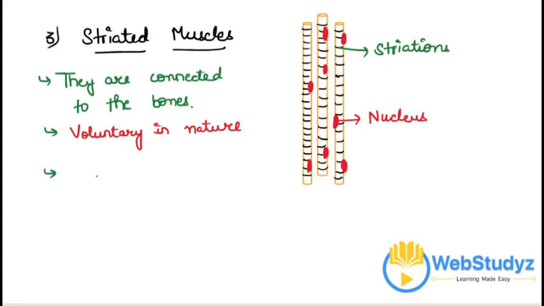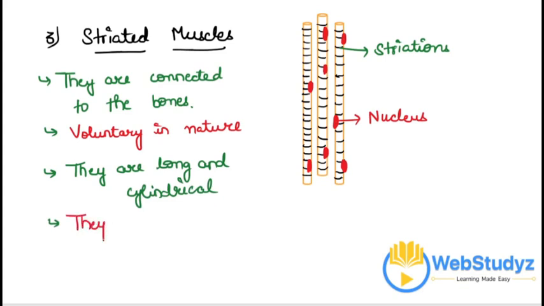The third point is they have a shape, as we can see. They are long and cylindrical. Cylindrical shape is present. Fourth point, they have many nuclei.